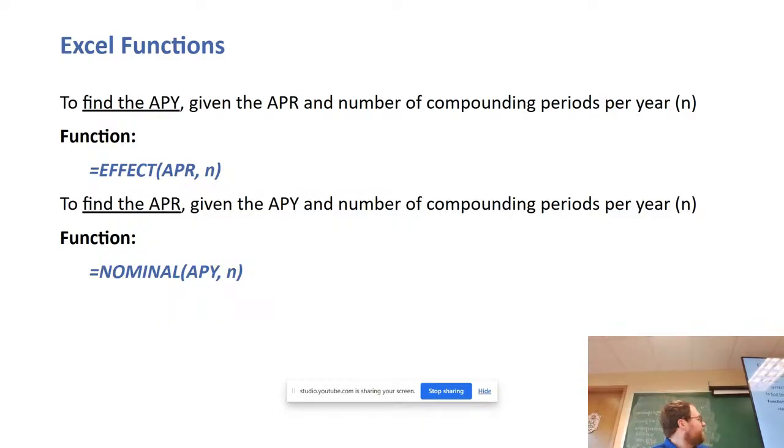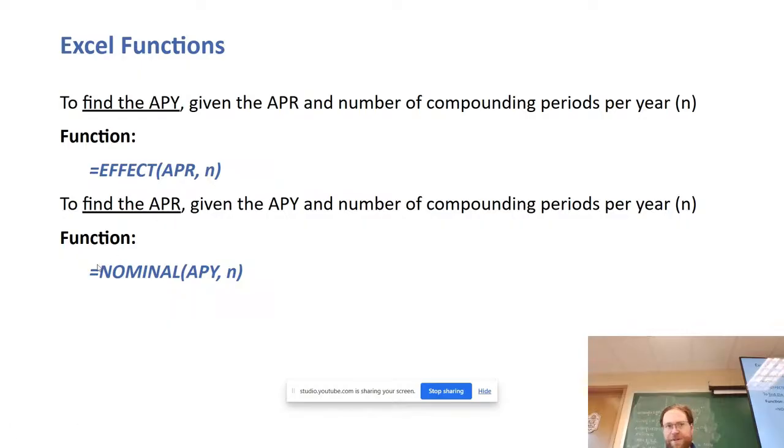Okay, and just like we were dealing with some of the other Excel things, you can find APY in Excel as well as APR. APY is the equals EFFECT formula there.